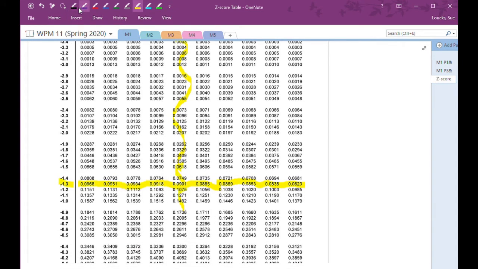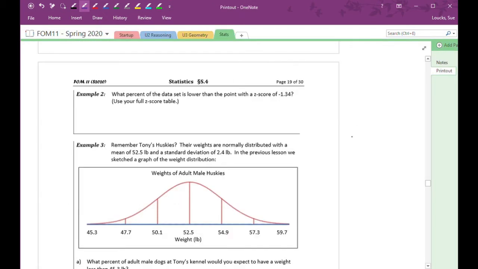So it's going to be this number right here: 0.0901. So we found that when we looked up the negative 1.34 in the table, we got a value of 0.0901, and that is equal to 9.01%. And I'm just going to write down that this is from the table.